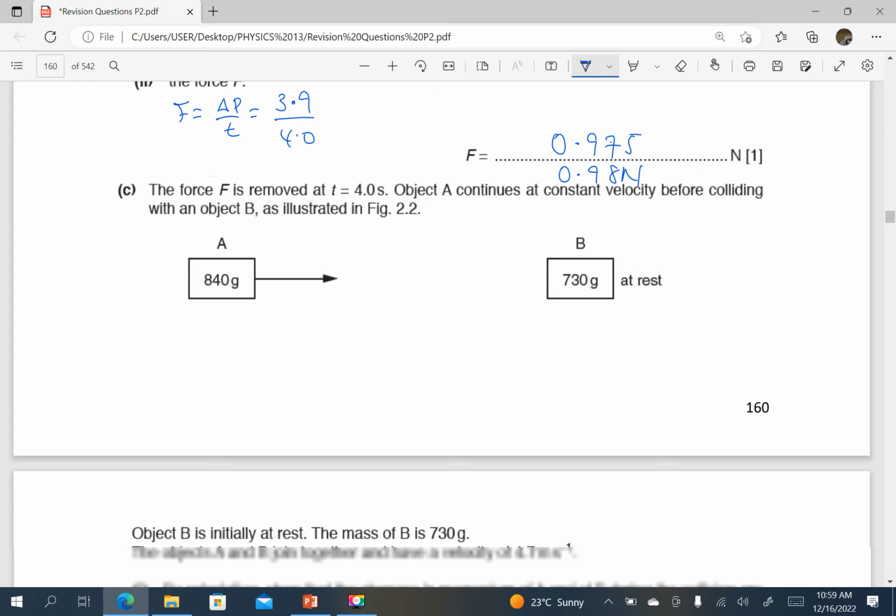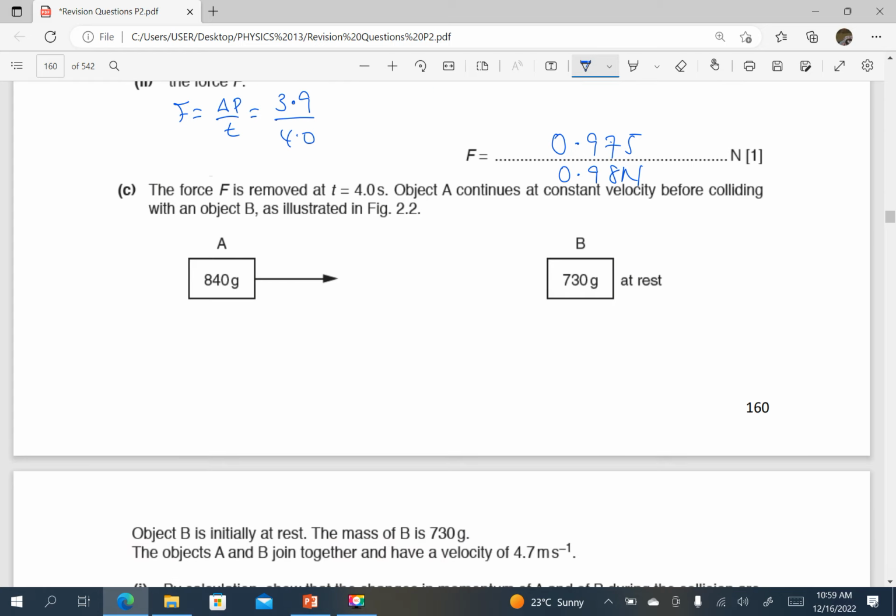The force F is removed at t equals 4. Object A continues at a constant velocity before colliding with an object B as illustrated in the figure here. So A continues with a constant velocity before it collides with object B that was at rest.